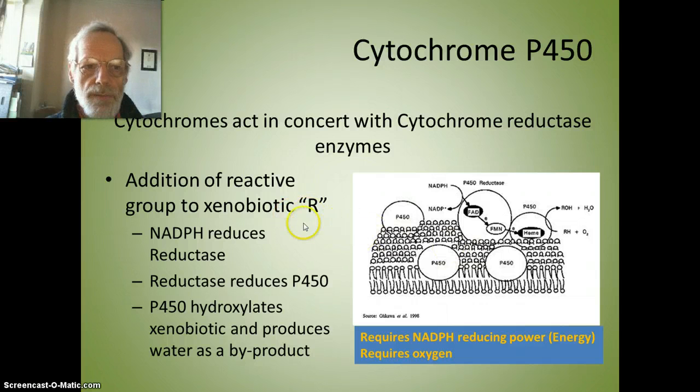In this diagram, the xenobiotic is denoted as R. So first of all, NADPH reduces the reductase enzyme, which in turn reduces P450, which can then, in this case, hydroxylate the xenobiotic, so adding a hydroxyl group.